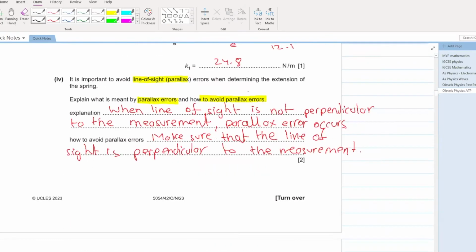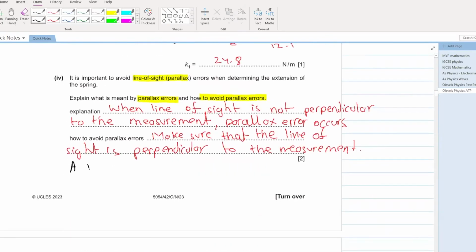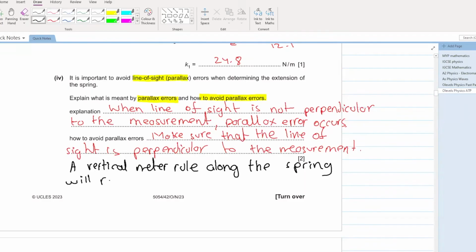You can say a vertical meter rule alongside the spring will reduce parallax errors. Nothing complicated.